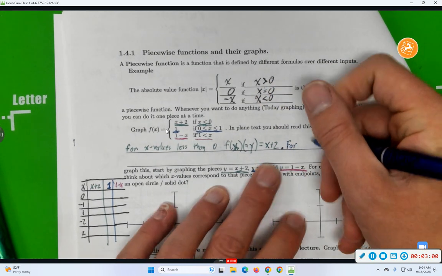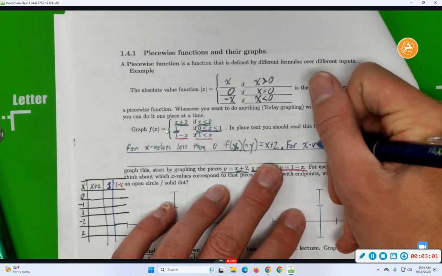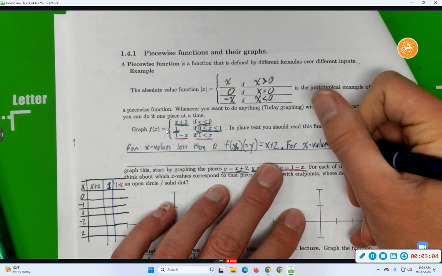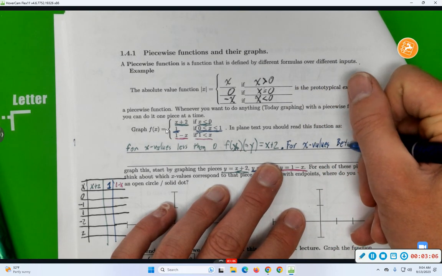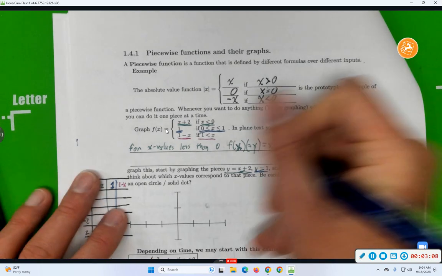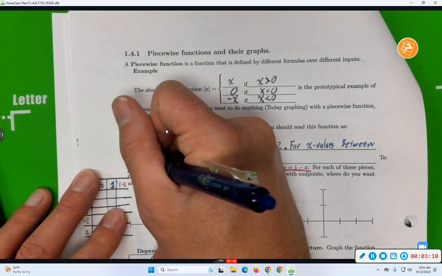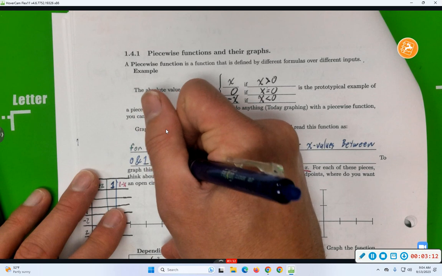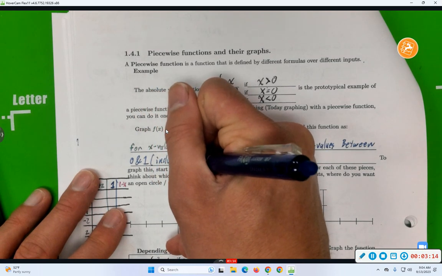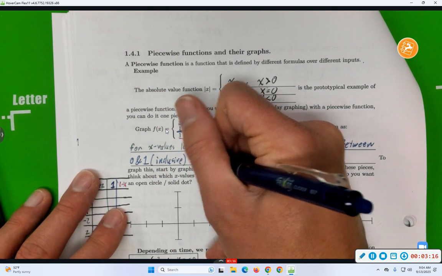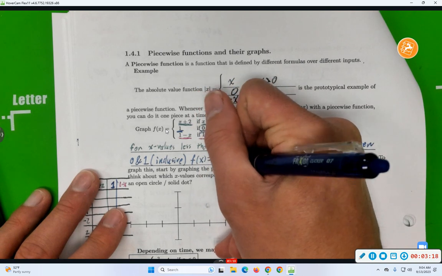For x values between 0 and 1, inclusive, f of x equals 1.